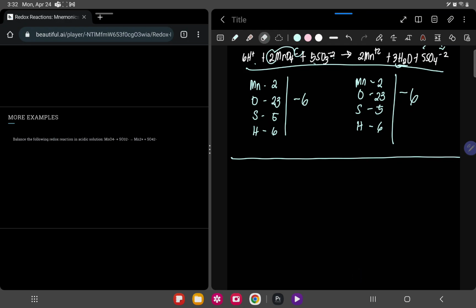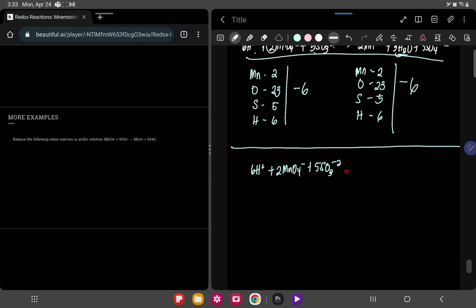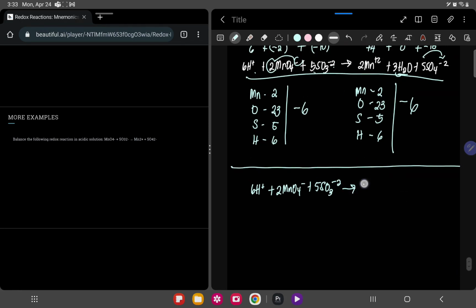Now we already have a balanced equation, which is 6H plus 2MnO4 minus plus 5SO3, or sulfur trioxide, and then we have 2 manganese plus 2 plus 3H2O plus 5SO4 negative 2.